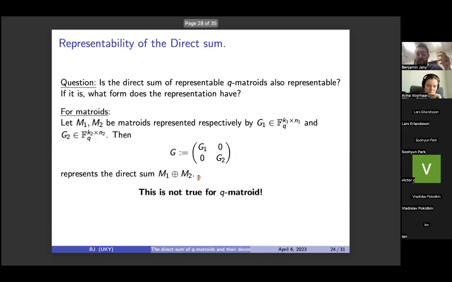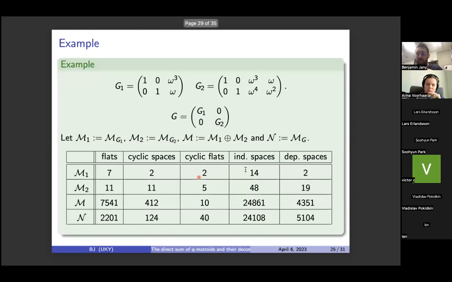But as we saw from our previous example, this is not true for q-matroids. We have representations of M1 and M2 given by G1 and G2. We formed a block diagonal matrix like that. However, the q-matroid induced by this block diagonal matrix is not equivalent to the direct sum of the q-matroids.